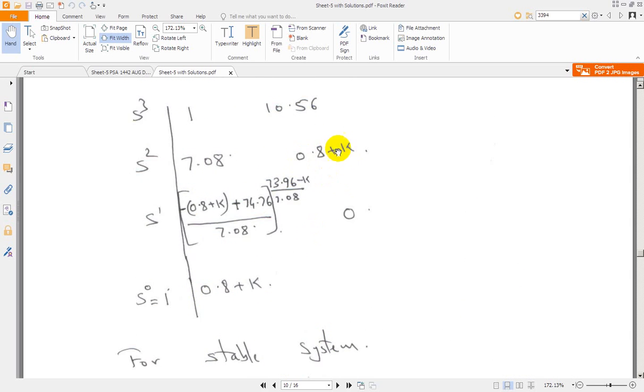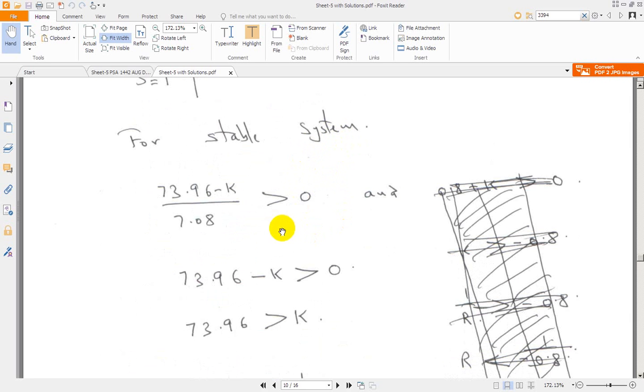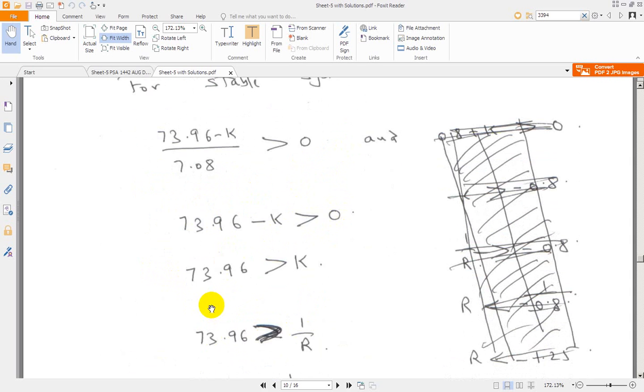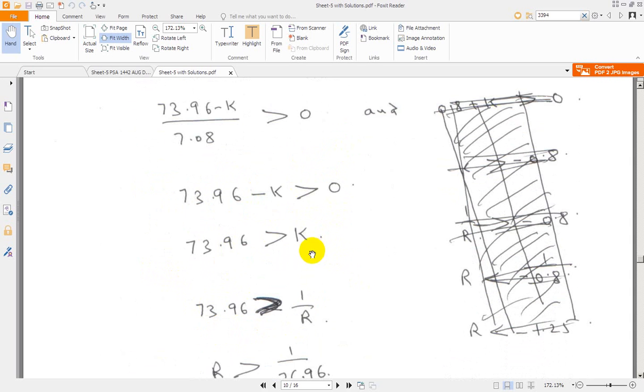This is 1, and already there is no negative parameter here. It means this should be positive. So you can write it as 73.96 minus k divided by 7.08 is greater than 0. Simply we can write it as k should be greater than 73.96.